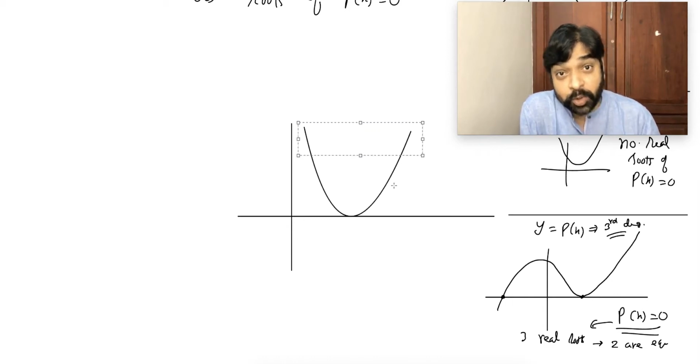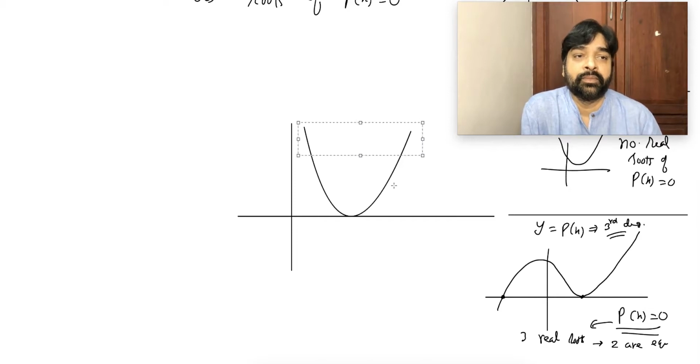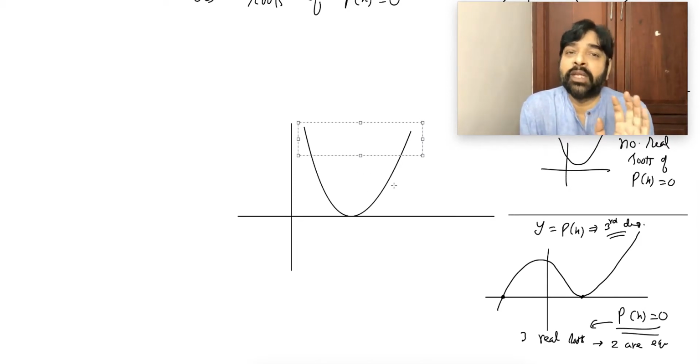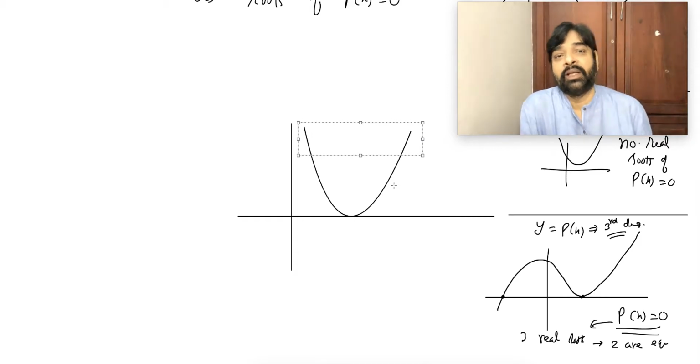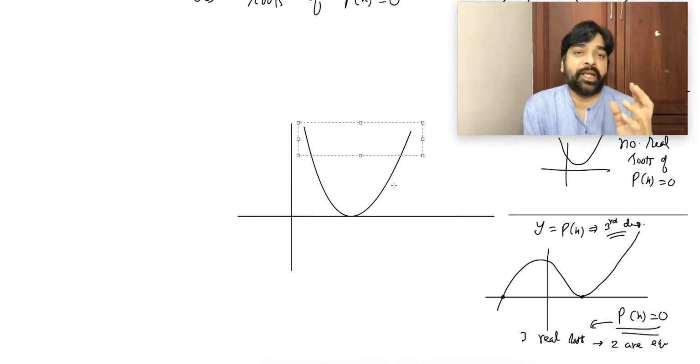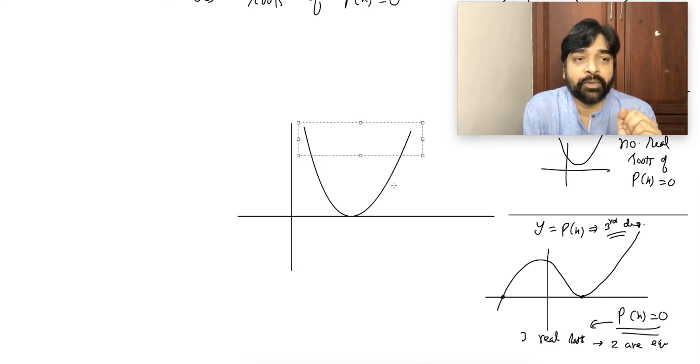Now also 2 real roots, but they are equal now. Did you understand the point? This is the process that actually takes place. So whenever any graph touches at a point, remember that 100% indicates that there are two equal roots. If it intersects, it means it's one real root at that point.